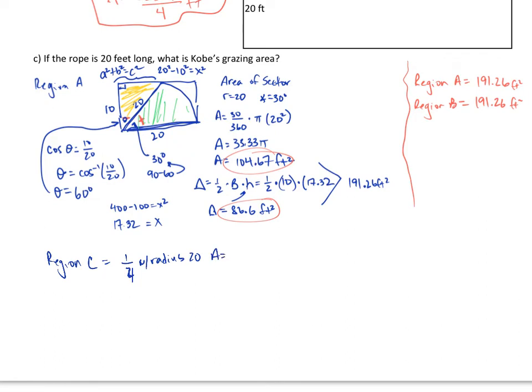So the area equals 1/4 pi times 20 squared. We work this whole thing out, and this is going to be 400 divided by 4, it'll be 100 pi, which is approximately 314 square feet. All right, so let's put that right here. This is region C, 314 square feet.